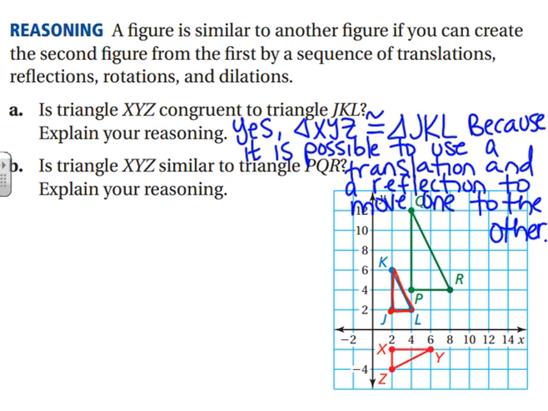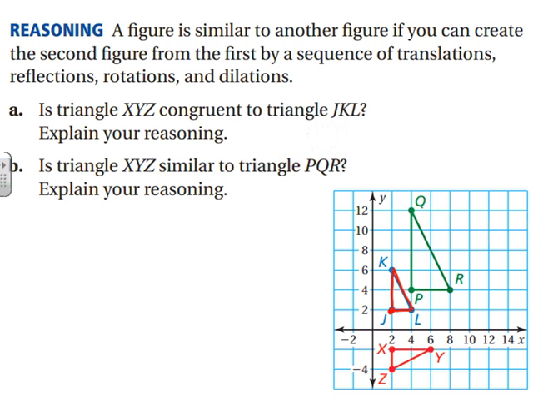All right, part B is triangle XYZ similar to triangle PQR. So we know that if I leave this red triangle here, we can already get there. Now we just need to see if those two are dilations of each other. So remember from our study tip, we can check that by using lines that intersect back at the origin.